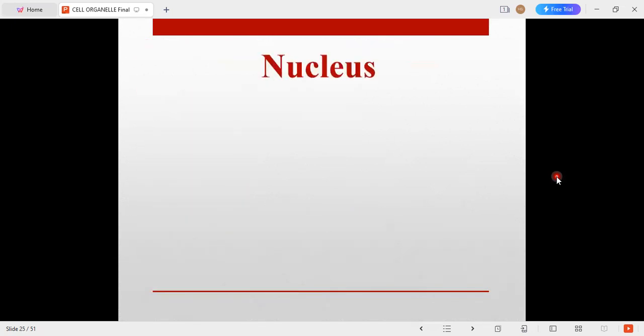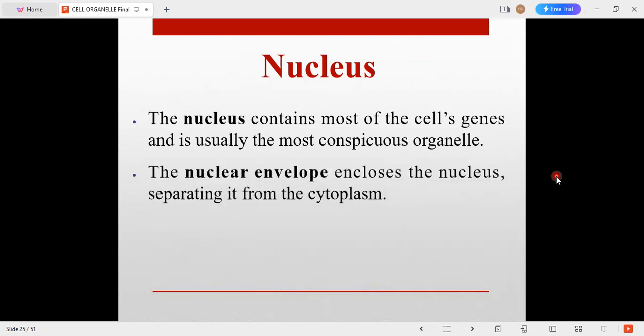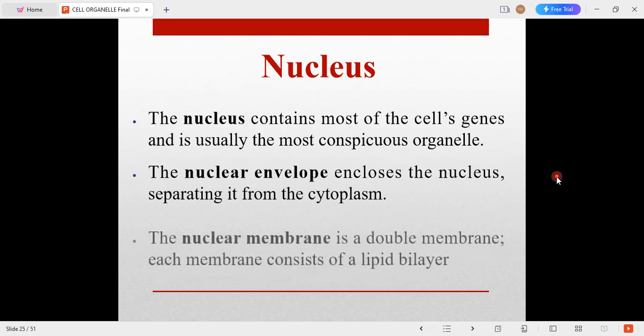Now let's discuss the nucleus. What is the nucleus? The nucleus controls all the activities of the cell and contains genetic information which is then transferred from one cell to another cell. The nucleus contains most of the cell's genes and is usually the most conspicuous organelle. The nucleus is covered by a nuclear envelope, which encloses the nucleus and separates it from the cytoplasm.